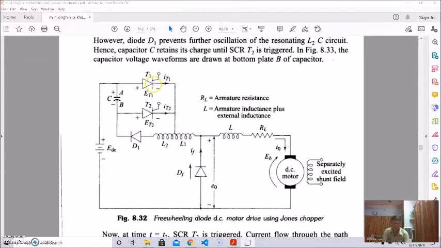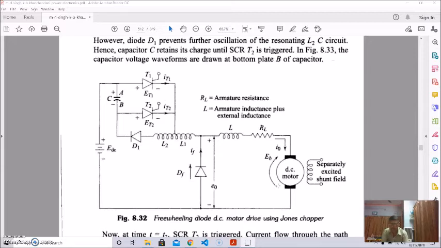If the main thyristor T1 is on for a long period, then the motor will reach the maximum steady state speed determined by the battery voltage, the motor, and the mechanical load characteristics. This motor is basically the load.